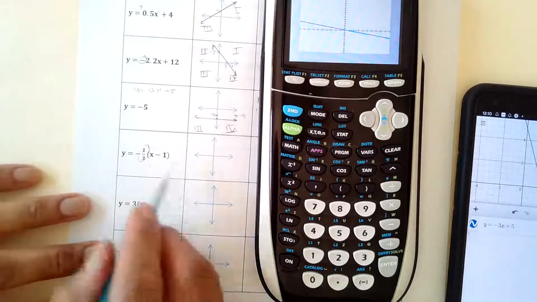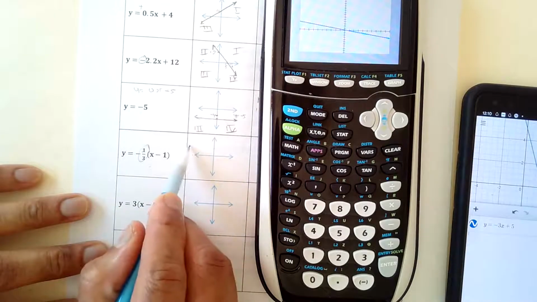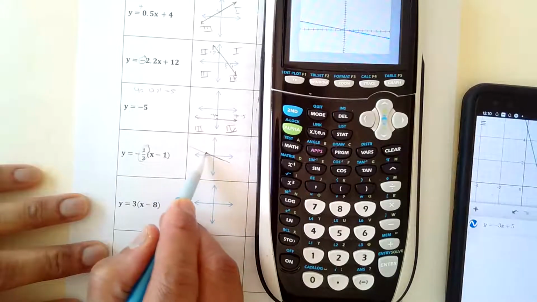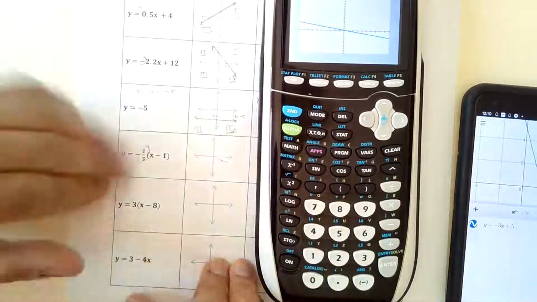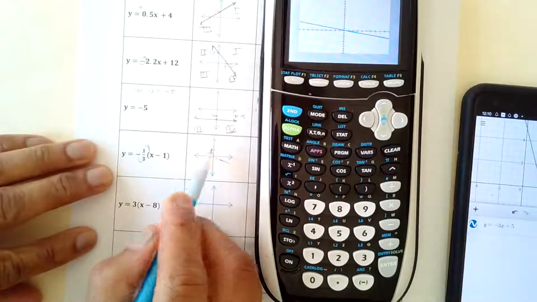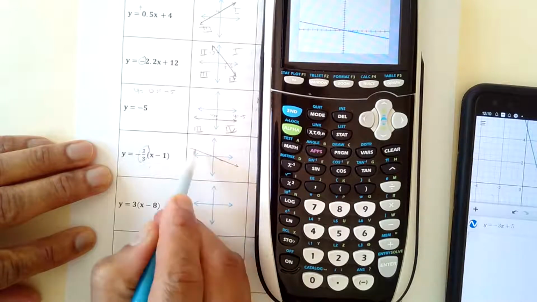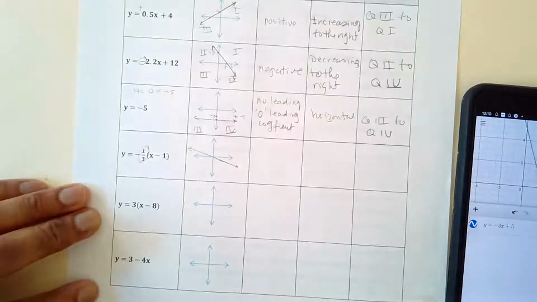So we have this sketch. It's negative, and it seems to be going through a very gentle slope. Now the slope is negative 1/3, meaning that it's not a very steep slope, but it's negative, right? So negative slope.